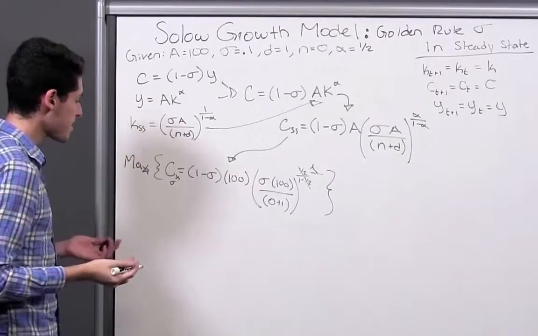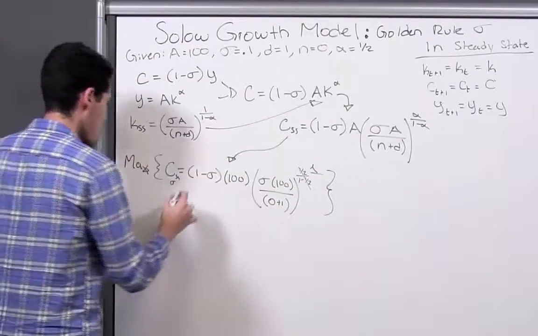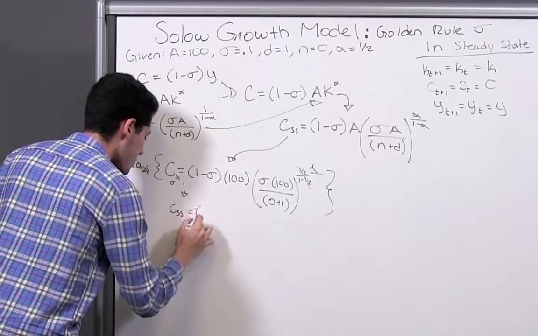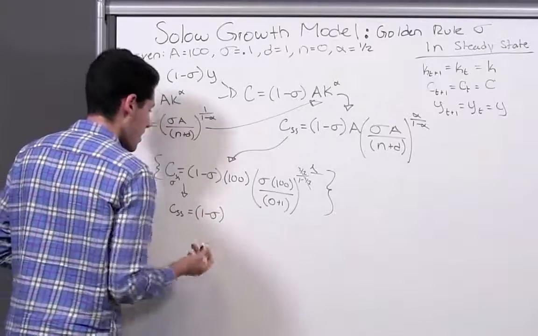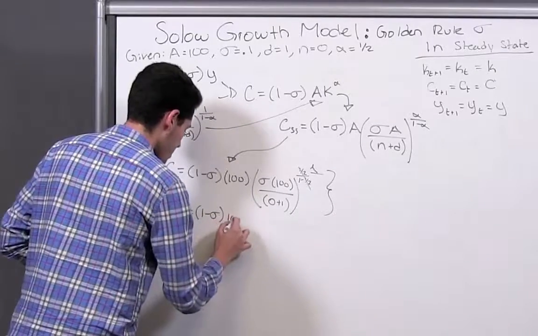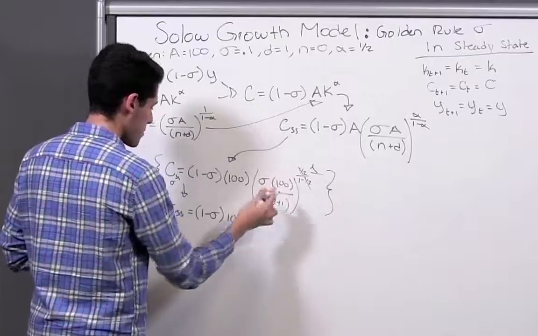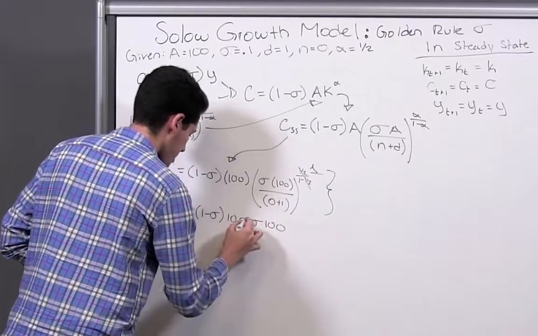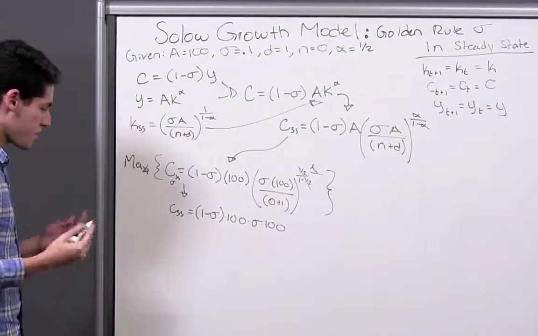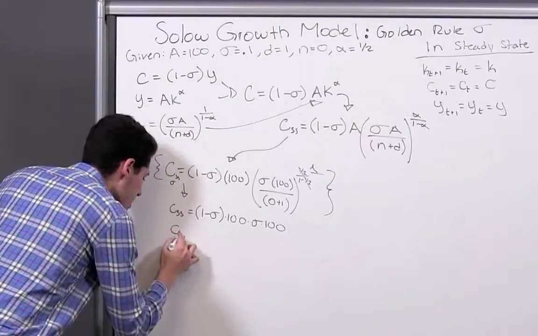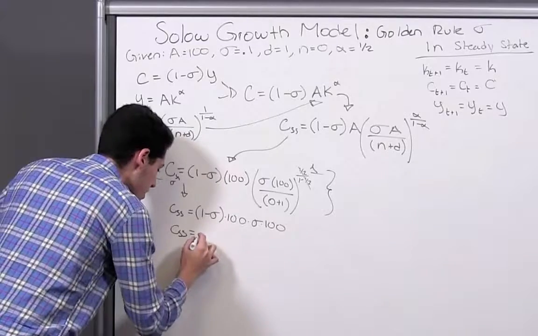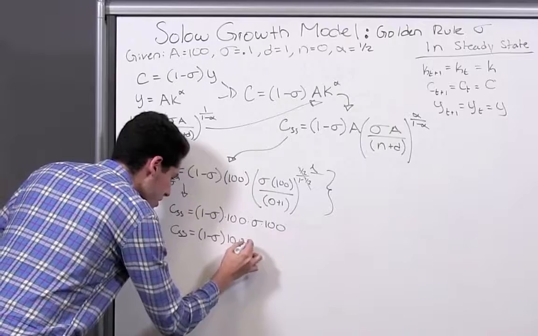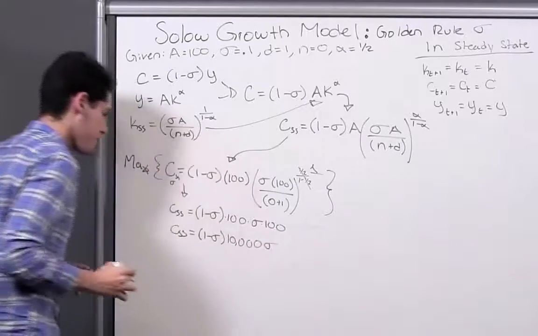Before we start maximizing, let's simplify this a little. This can be rewritten as consumption is equal to 1 minus sigma times 100 times, since this is 1, sigma times 100. Let's keep simplifying. Consumption in the steady state is equal to 1 minus sigma times 10,000 times sigma.